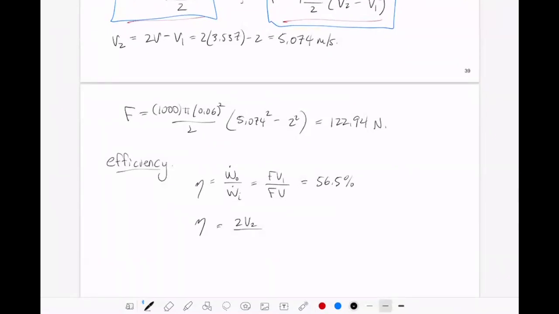The other way we could solve this is using our other equation, 2 times v1 divided by v1 plus v2. So 2 times 2 over 2 plus 5.074, and we would get the exact same answer.